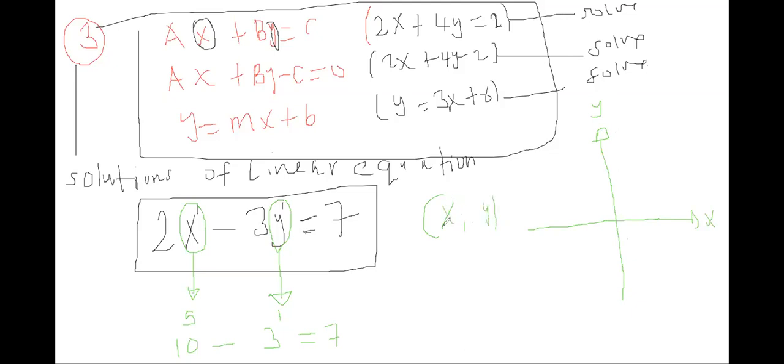So the solution to this linear equation, in x coordinate, we have 10, and in y coordinate, we have 3. Because it's only when x equals 10 and y equals 3, these two combinations, that we can have 7. So the solution is x must be 10 and y must be 3.